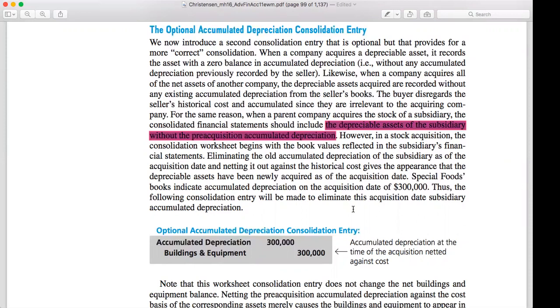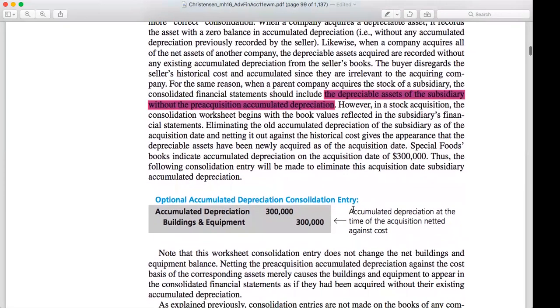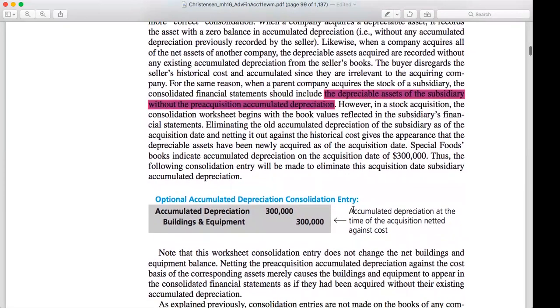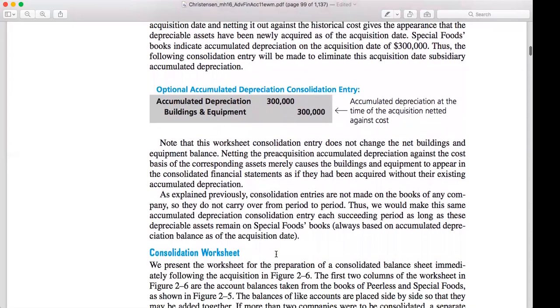So the following entry is made to eliminate the subsidiary's accumulated depreciation at the acquisition date. Here we delete it, and then this is the optional entry for the accumulated depreciation.